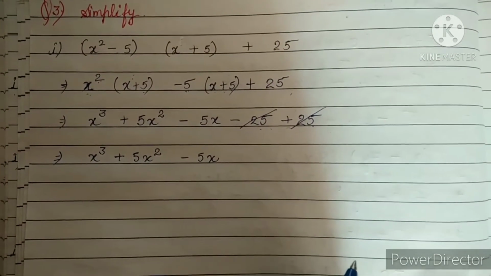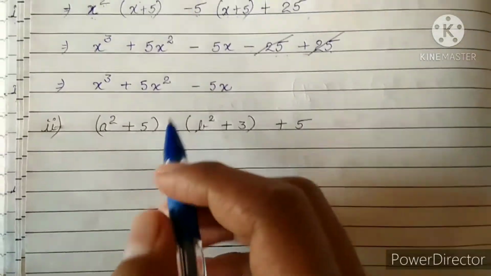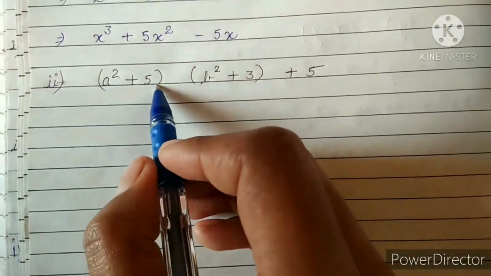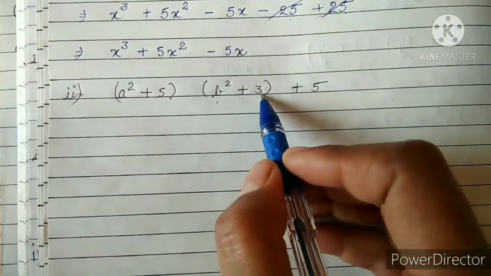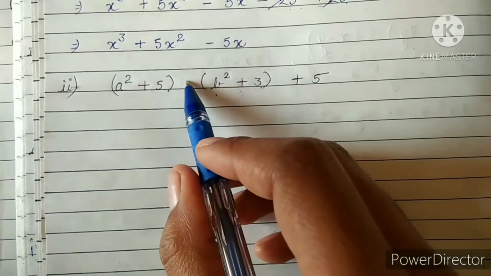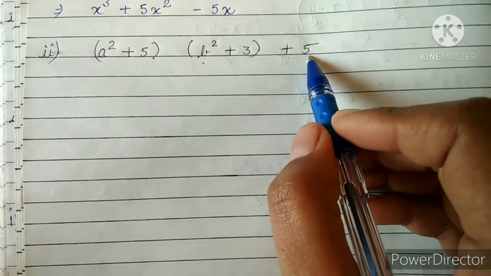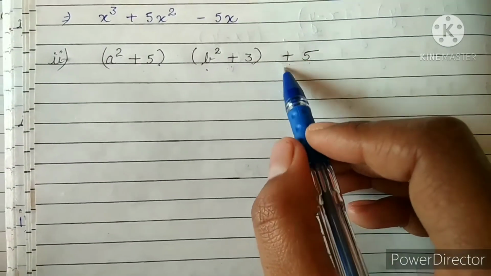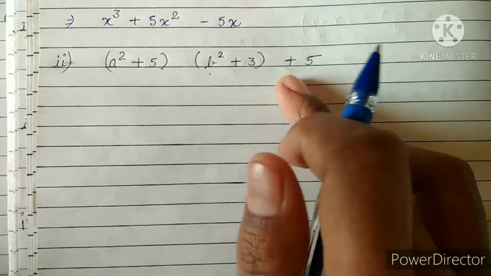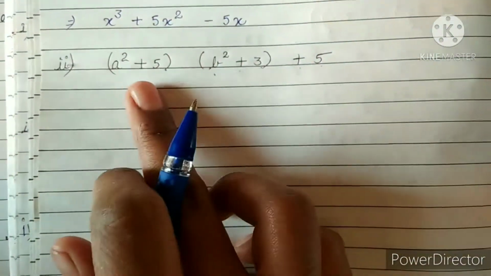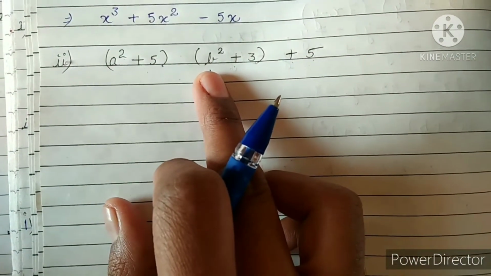Now we will see the second question. Second is a square plus 5, b square plus 3. These two expressions are multiplying by each other, plus 5. So this plus 5 we will not touch because this plus 5 is added to the multiplication of these two expressions.